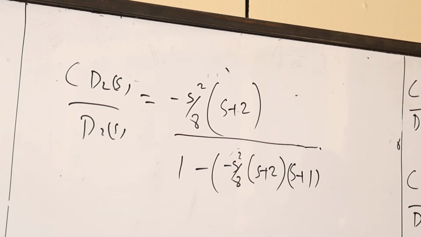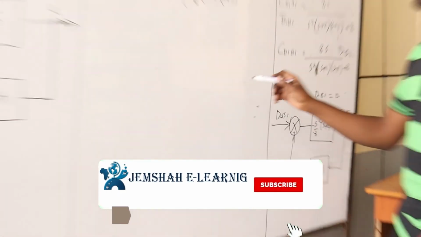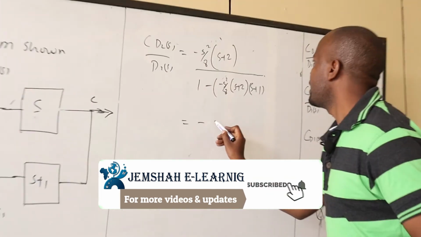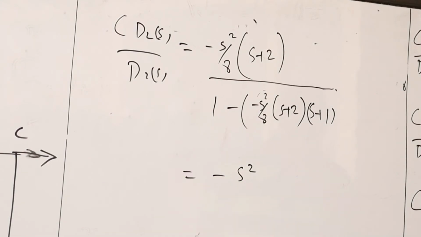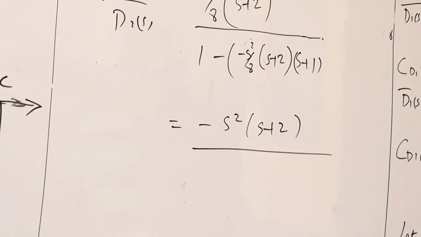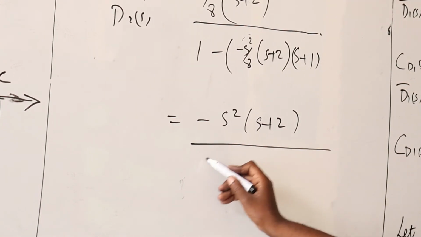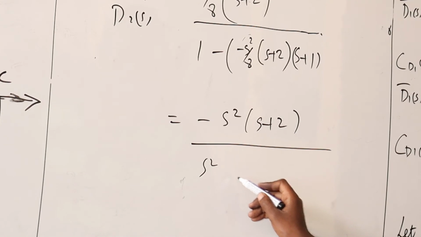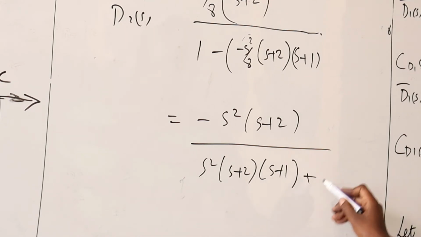So if we evaluate that, then we are going to get C, which is equal to minus s squared into s plus 2, all over minus s squared into s plus 2 all over s squared, plus s squared into s plus 2 into s plus 1, and then plus 8.